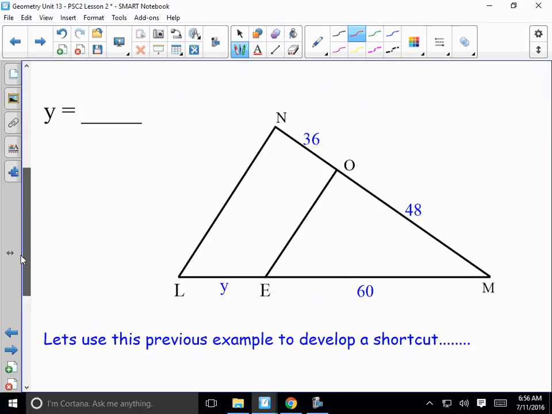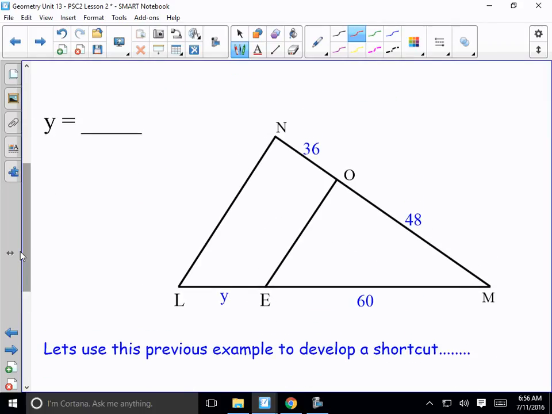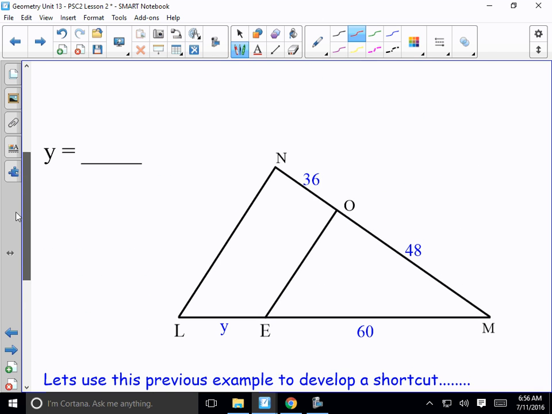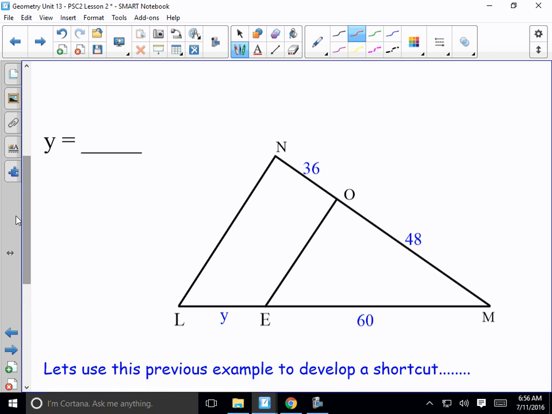So now, if we look down at this example here, using that previous example, let's develop a shortcut here, and we're going to come up with a conjecture here in just a second. So now, if we know that we have proportional pieces, what we can do is look at how this side, and we know those lengths are not equal, how do they relate to this side over here?